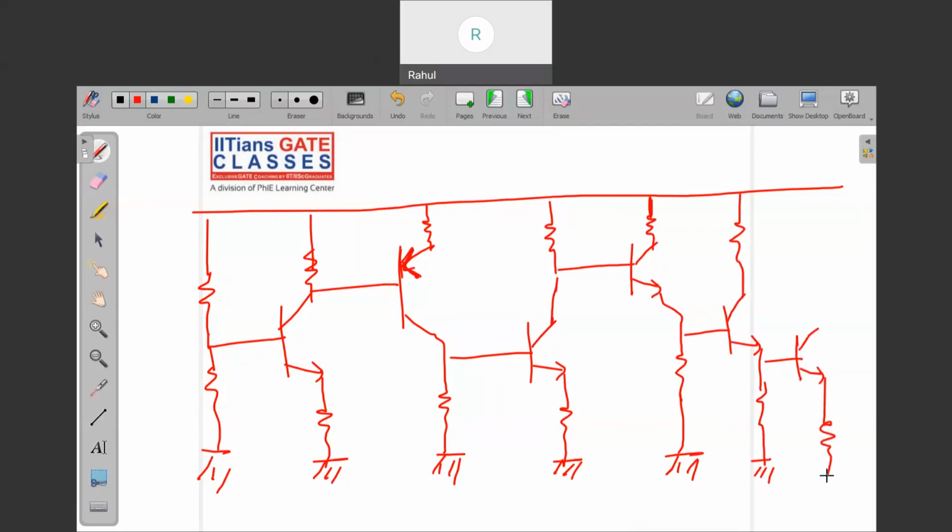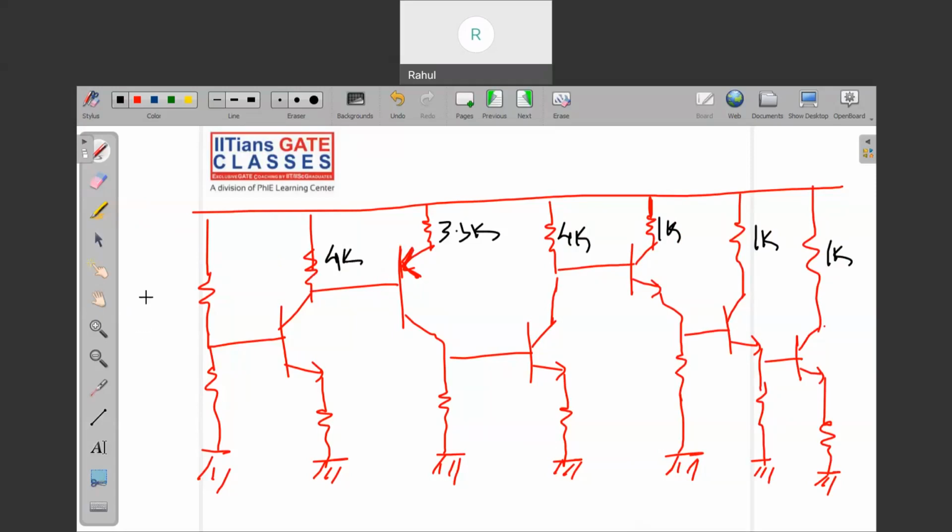Again the same, this is like this. So the values given here: this is 1k, 1k, this guy is 1k here, this is 4k, this is basically 3.3k, and this is 4k again.